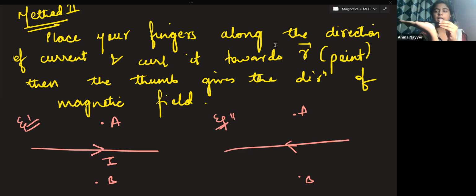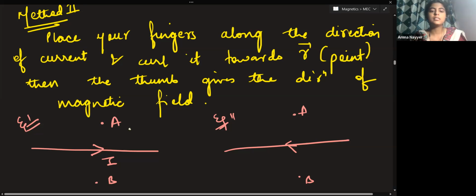Now I am keeping my hand like this. If I curl my fingers like this, I do not have the point. Point A is on the top of it. So if I curl my fingers towards A, the thumb is pointing towards me. Towards me means outside of the page. So this becomes outwards.